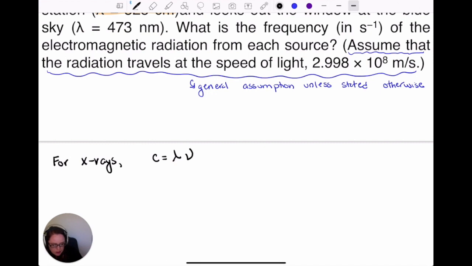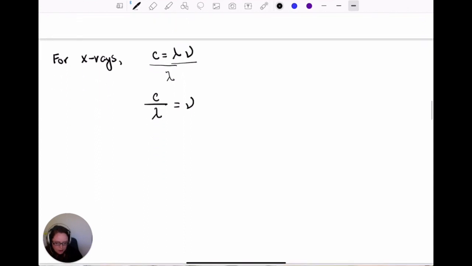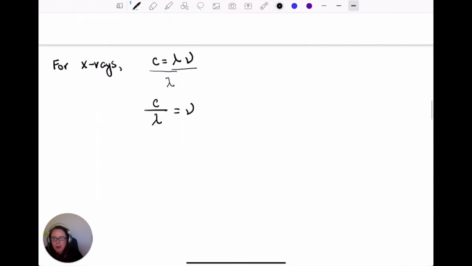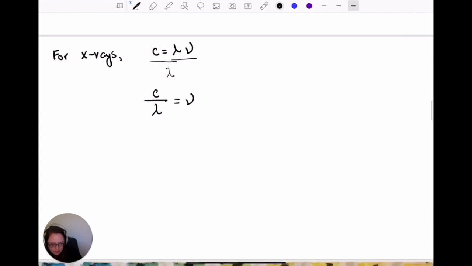So I'm going to divide through by lambda to get nu by itself. And so then we get c over lambda is equal to nu. So now this is basically a plug and chug, but I will also want to put in some conversion factors.